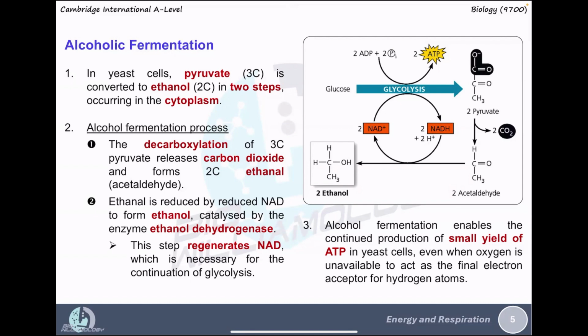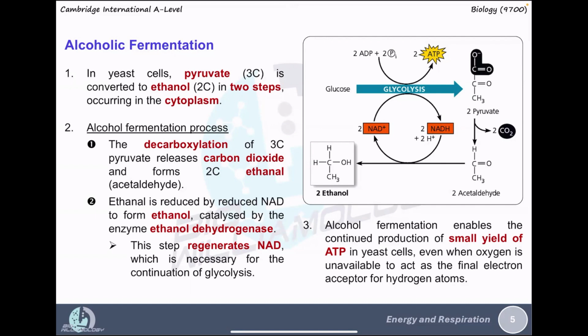So the whole idea of anaerobic respiration is to make sure that glycolysis continues. As long as glycolysis continues, we will be able to harvest a small yield of ATP, which is a net gain of 2 ATP per glucose molecule.